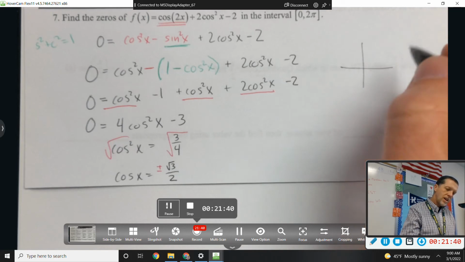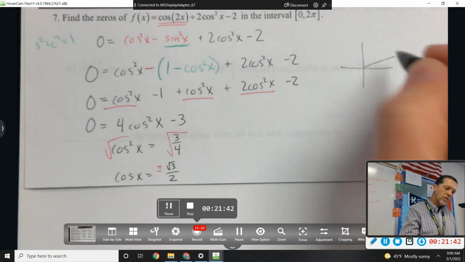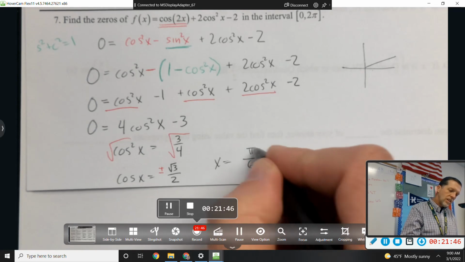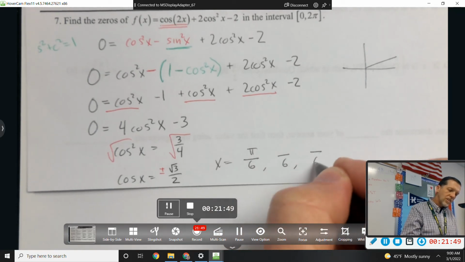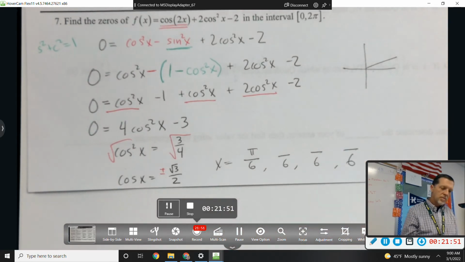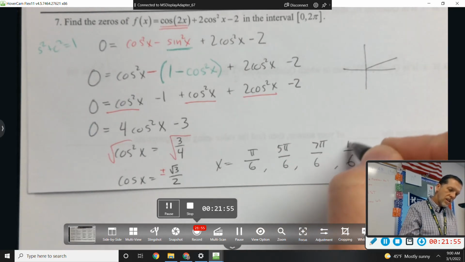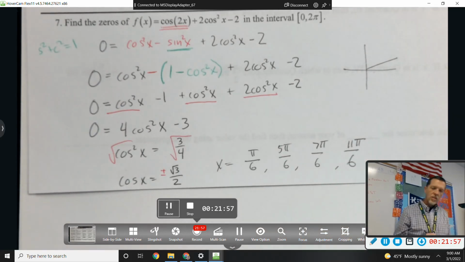Root 3 over 2 would be the over 6s. So it's all the over 6s: 1, 5, 7, 11 over 6.